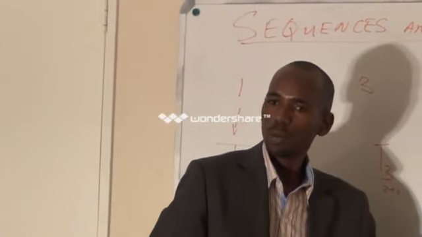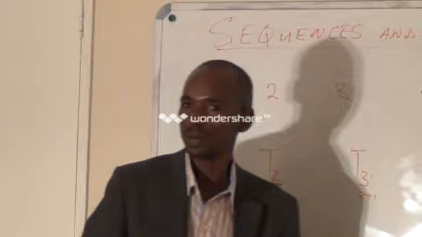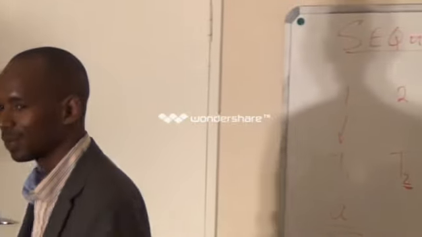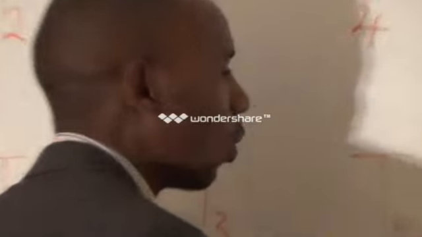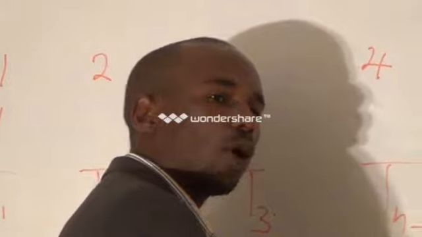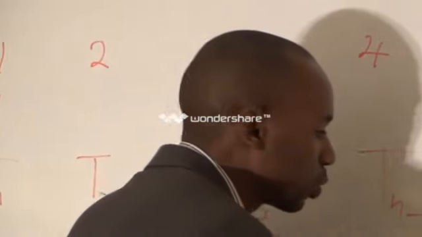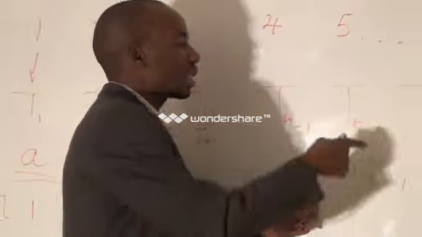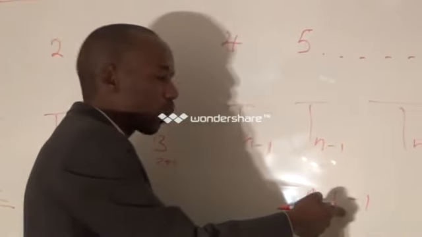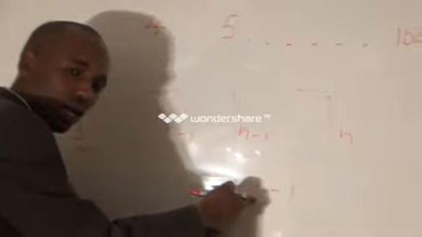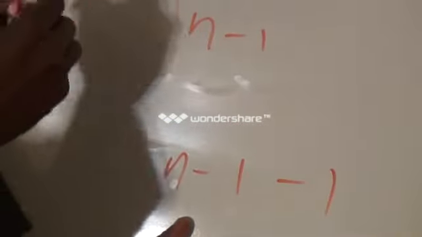What is the term therefore just before Tn minus 1? What do you think? Tn minus 2. How do we know? In all cases, for us to move backwards, we need to subtract 1. So moving from Tn minus 1, we end up with n minus 2. So we end up with Tn minus 2.